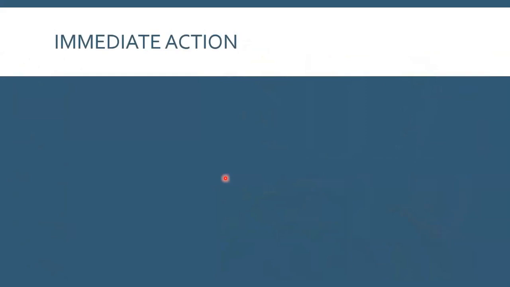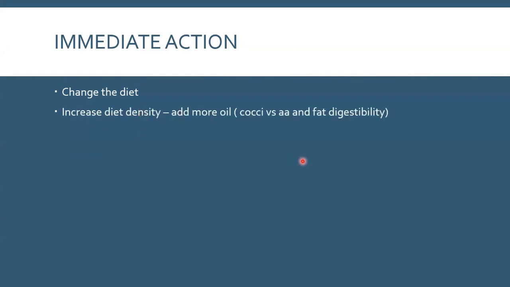So our immediate action when we have gut health issues is that we tend to change the diet. I think most nutritionists could relate to this. When we have issues with gut health, we try to change the diet, or sometimes we increase the diet density. So we add more oil, we increase the energy of the diet.